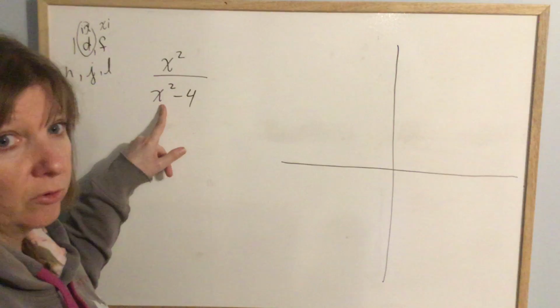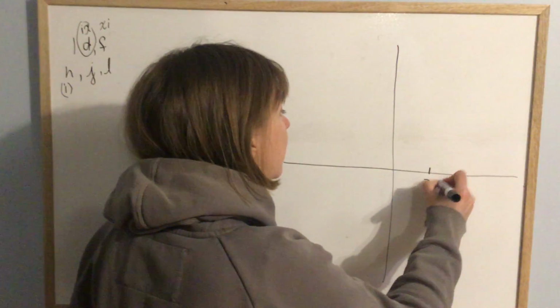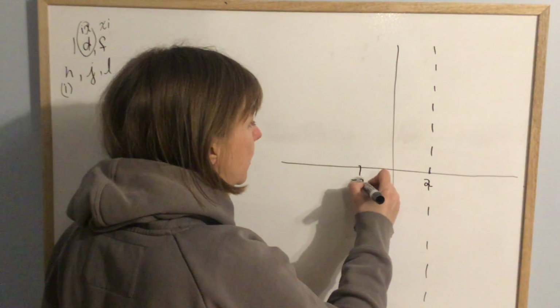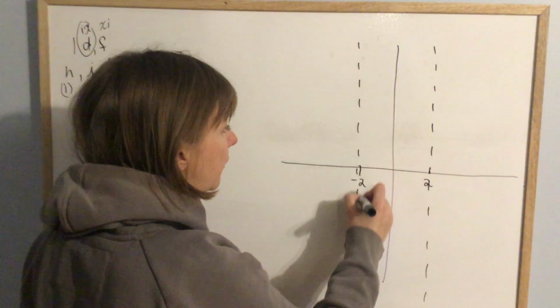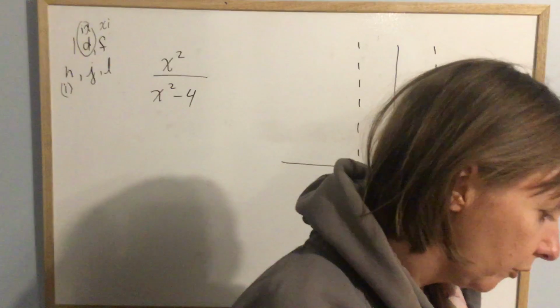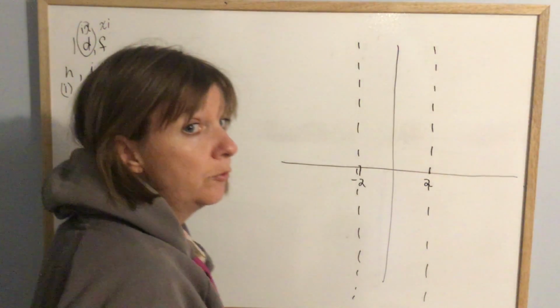But negative 2 squared would be 4, take away 4 would also be 0. So this time I've got 2 vertical asymptotes. And if I look at my pictures over on page 371, there are several options there for that scenario.